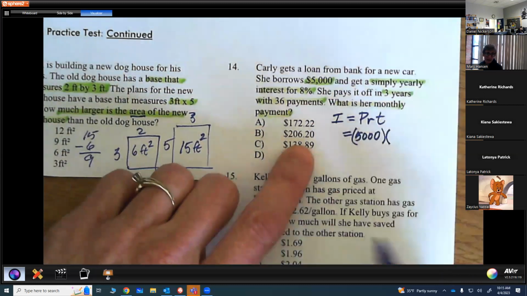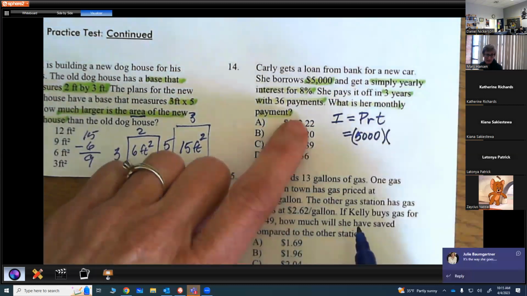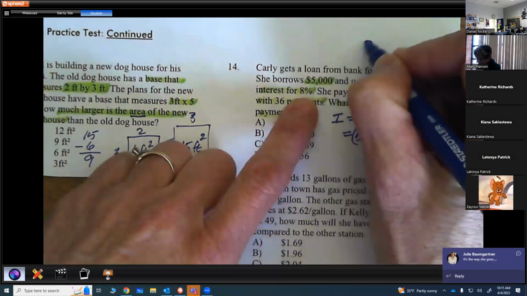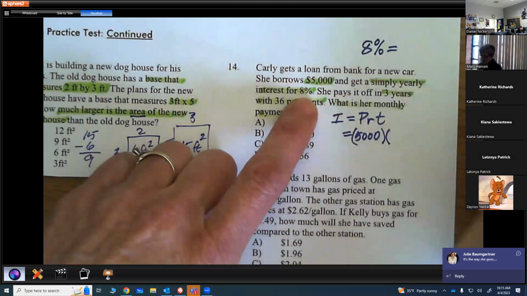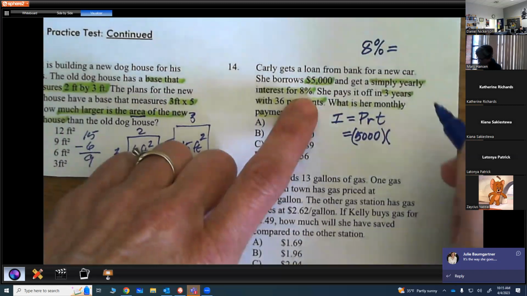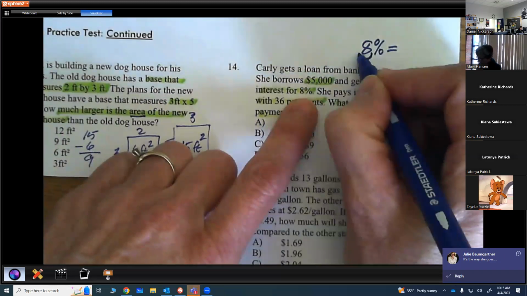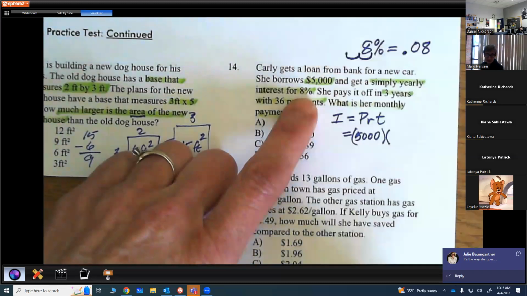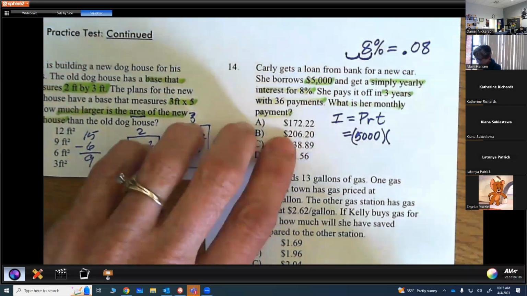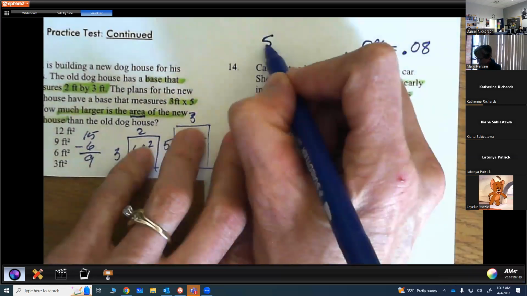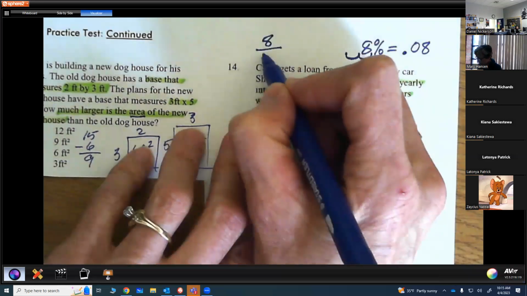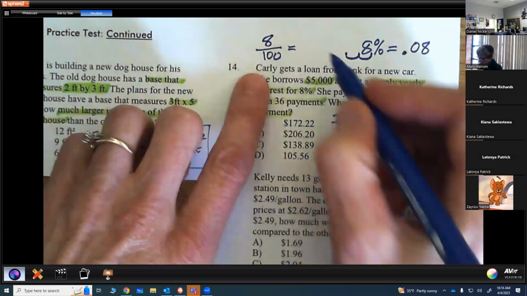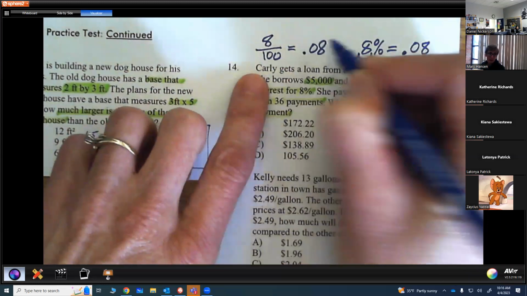And I'm going to multiply that times 8%. If we turn that into a decimal, we move the decimal point 2 places to the left, and 8% is equivalent to 0.08. Another way you can get that answer is if you think that 8% is 8 out of 100, and if you do 8 divided by 100, you'll also get 0.08.